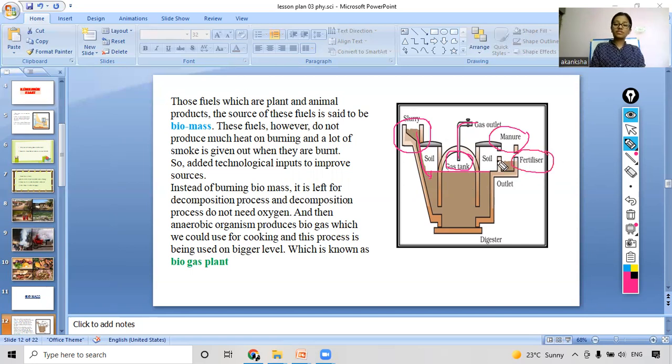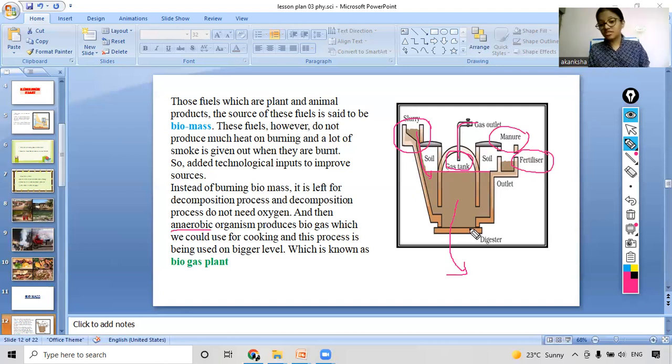So this is how the biogas plant works and what its structure is. What happens in this digester is there are certain microorganisms. They decompose all the biomass that we collected in the slurry tank. They decompose it in the absence of oxygen. So anaerobic respiration occurs right here.